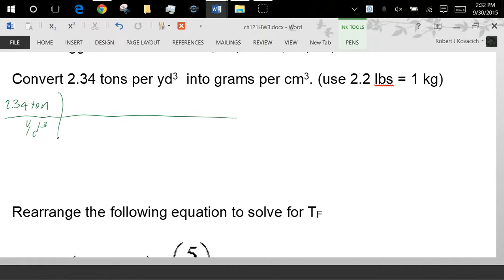I've got a bunch of stuff, and then I've got a volume for that stuff. Who would use tons and cubic yards? Miners. You pull up a bucket of dirt with a backhoe, one of those with the big scoop on it, and then they dump that into something.